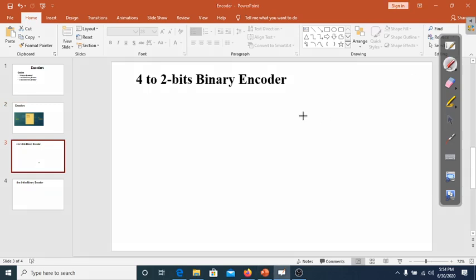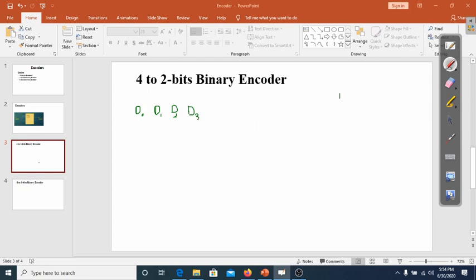So 2 bits can be described in 4 different ways. In this example, we have 4 data inputs, starting from D0 to D3. The first input is D0, the other is D1, then we have input D2, and D3. These can be described by 2 binary bits.